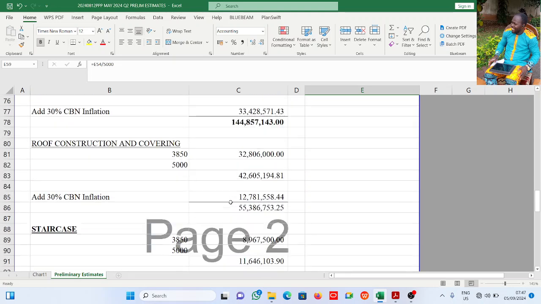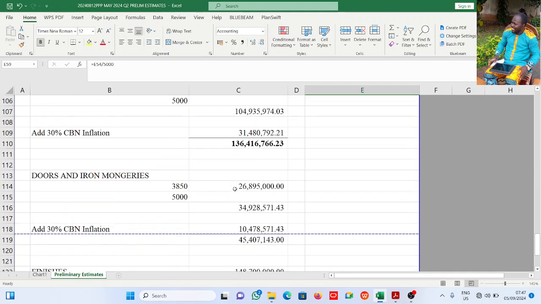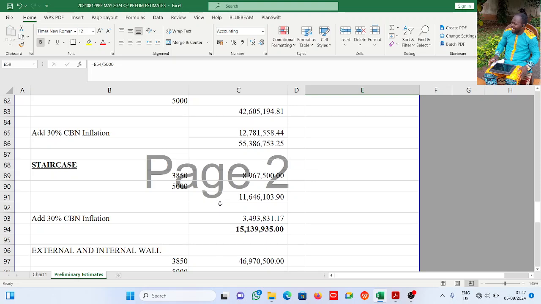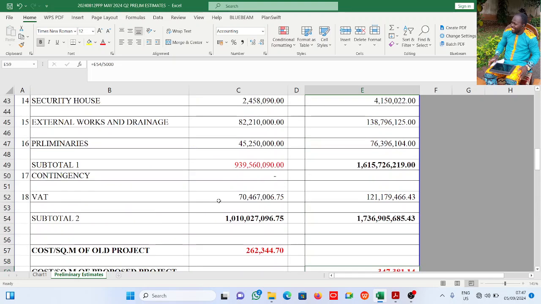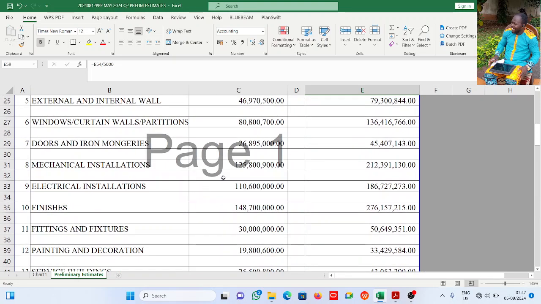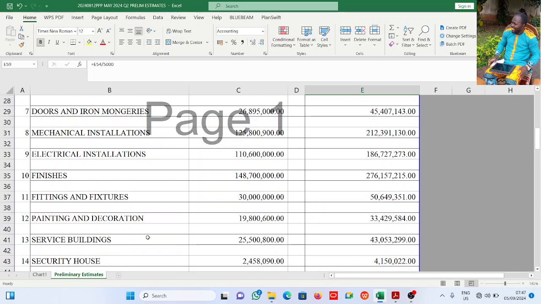All right, now if you noticed, I just showed you how you go about this. I didn't do all of them, so you might want to try your hands on the other elements like mechanical installation, electrical installation, fittings and fixtures, painting and decoration, service buildings.